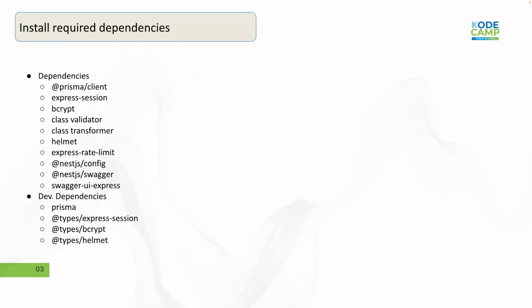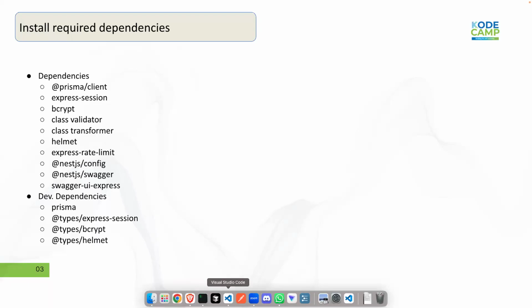So we have Express session, we have bcrypt, and okay, so now we'll go ahead and install Prisma client, Express session, and bcrypt.